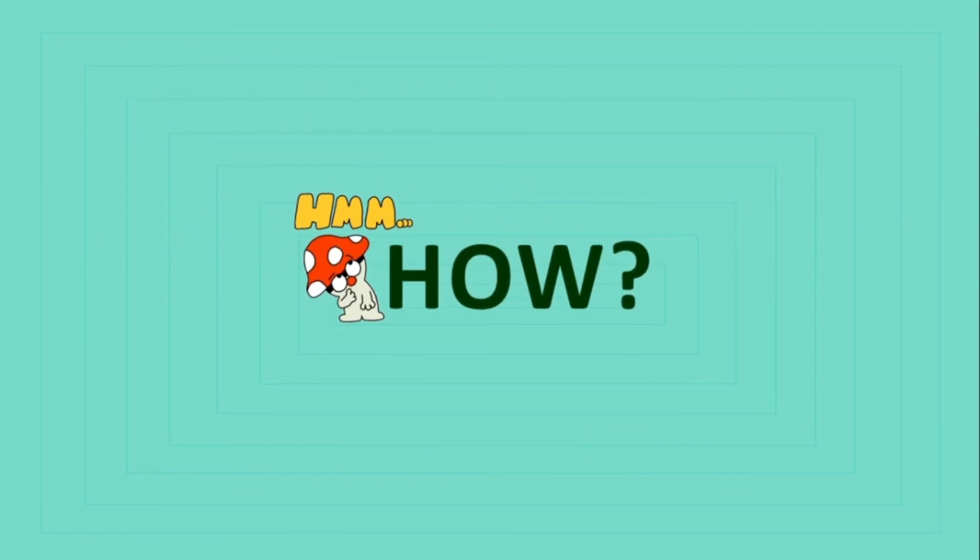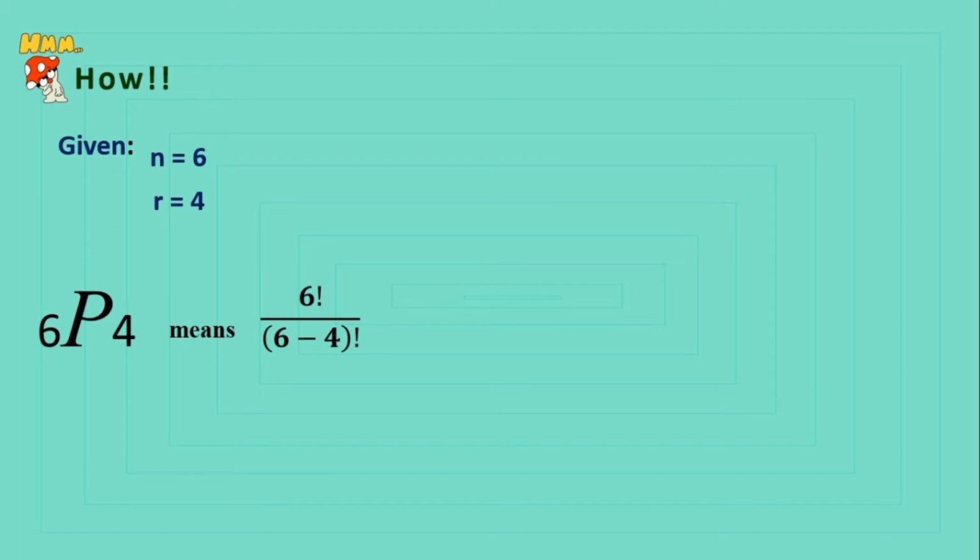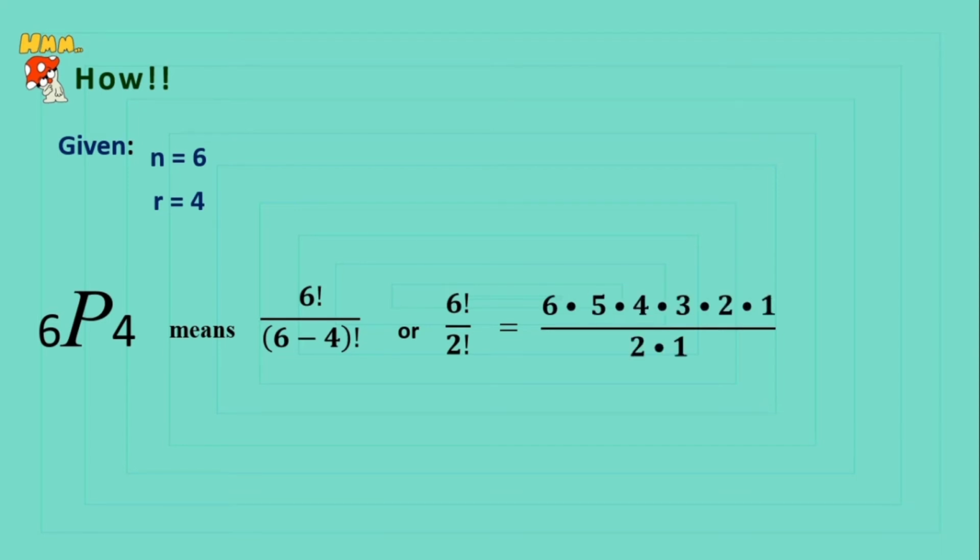How to use this formula? For example, we have the given n is 6 and r is 4. 6 permute 4 means 6 factorial over 6 minus 4 factorial, or 6 factorial over 2 factorial, which is equal to 6 times 5 times 4 times 3 times 2 times 1 all over 2 times 1.